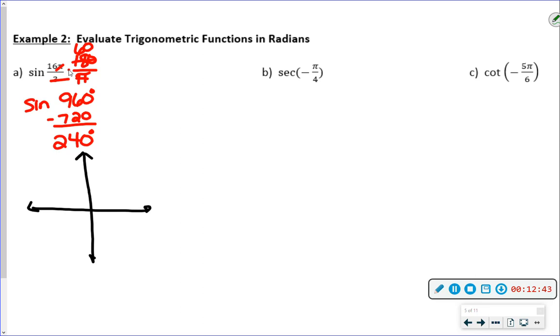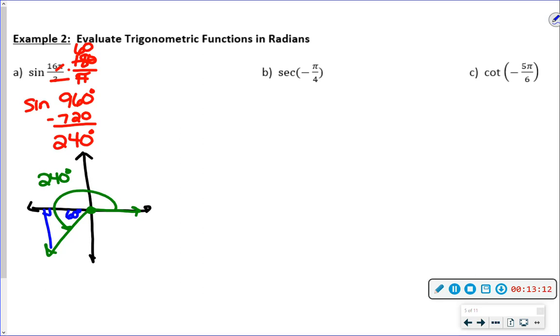Okay, so 240 is going to land you in which quadrant? 3. So we're going to be past 180 over here. We're, as always, making our right angle with the x-axis. Most important question of the day, what is your reference angle here? 60. 180 plus 60 more gets you to the 240.